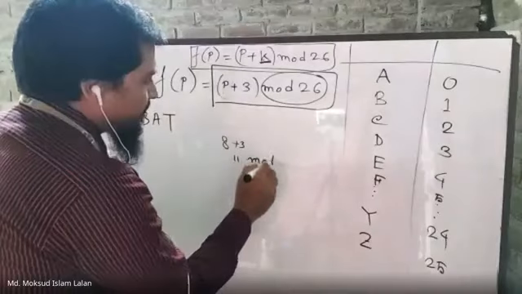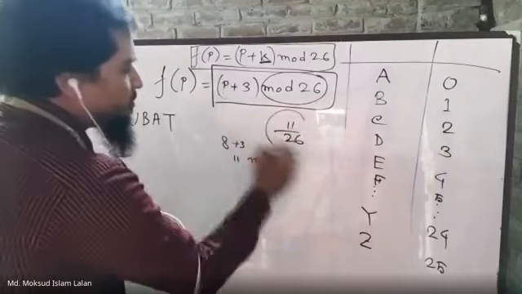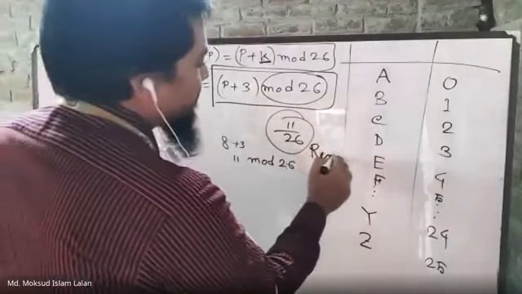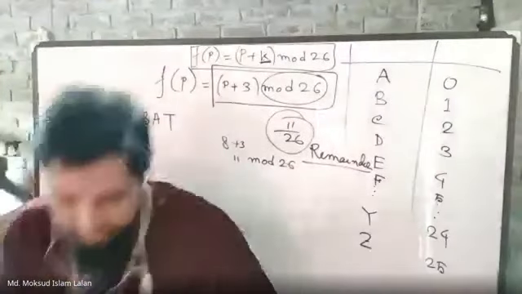11 mod 26. So if you divide 11 by 26, what will be the remainder? You have to divide by 26. So what will be the remainder?